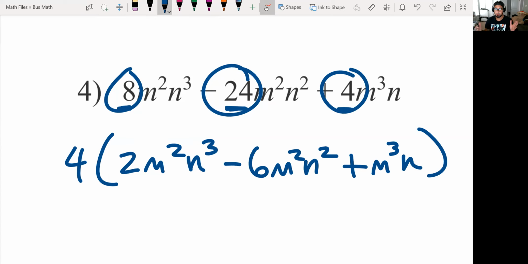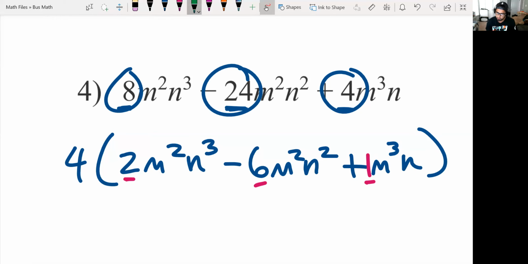We have taken the biggest number out. If you look at your numbers, 2, 6, and a 1, we cannot factor any more numbers out, which means we now will look at the variables.